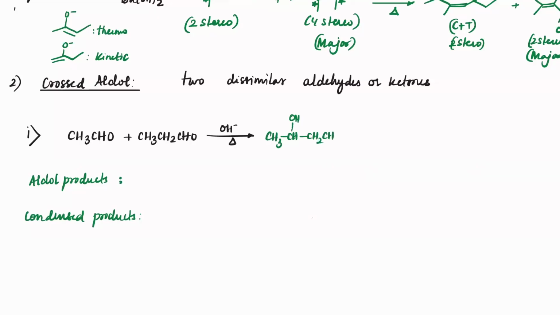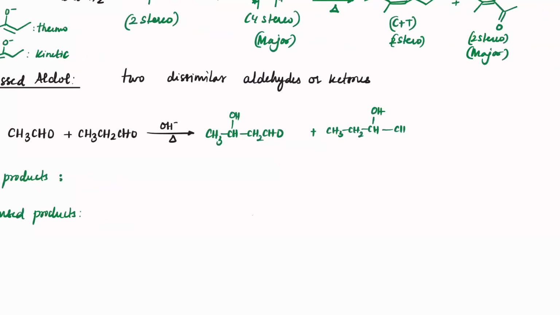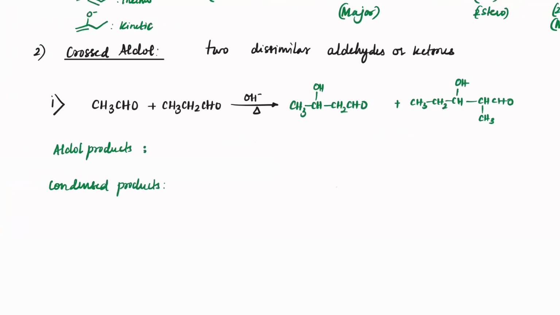This is self. Second, I'm writing the self for this one also. For this molecule, it will be CH3, CH2, then CHOH, and that is connected to CH3, CHO. So this is also self. Now let me write the cross ones. That is, this CH2 minus attacking here. That is the first thing I'm writing.